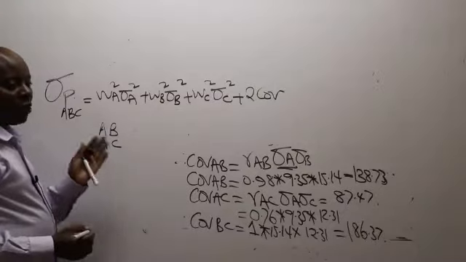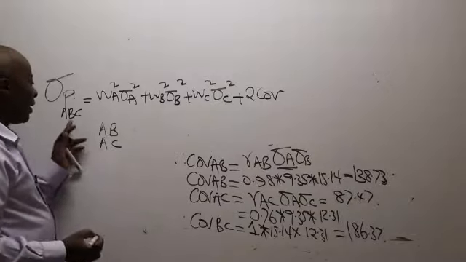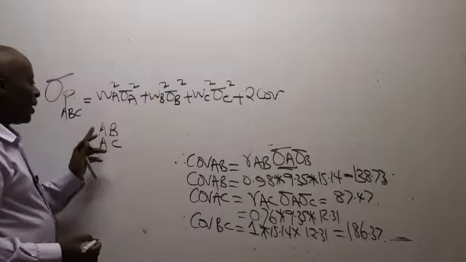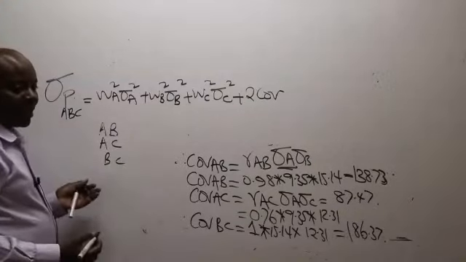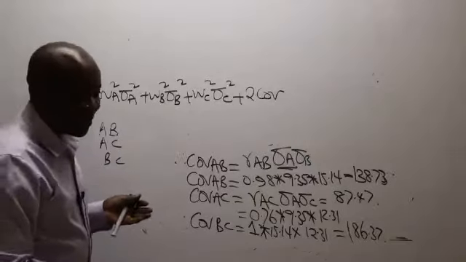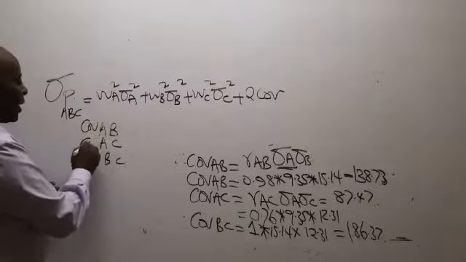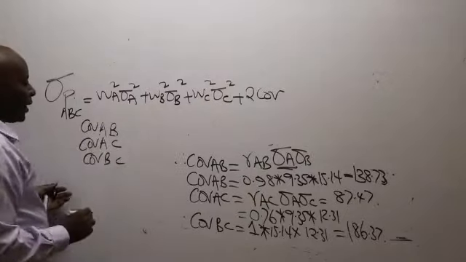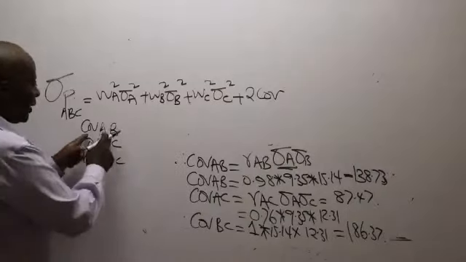It's always forward, never backward. So you say AB, AC, and then B and C, BC, like that. And then you'll add the word covariance here. So we pick this as the first pair.